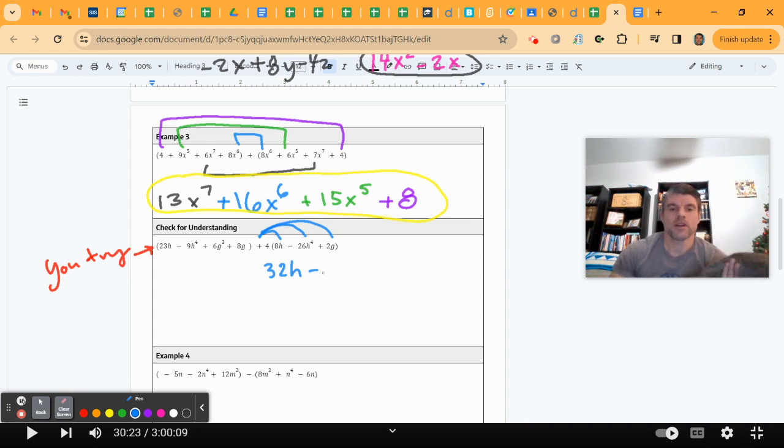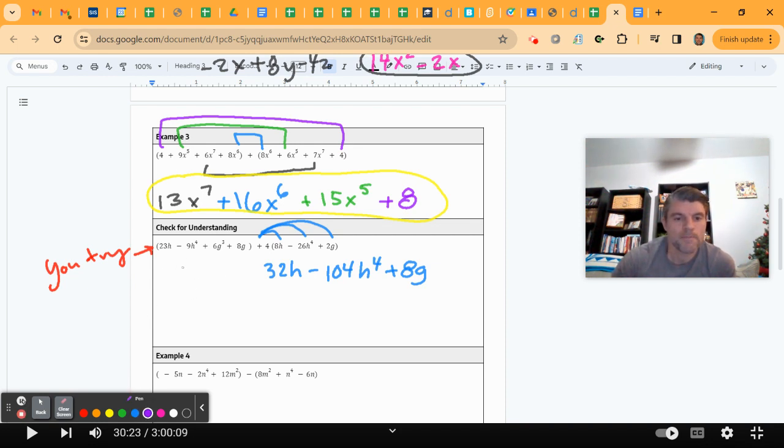So it's going to be 104 h to the 4th power. 4 times 2g is going to be 8g. Okay, so we're going to combine like terms. I'm going to put the answer up.